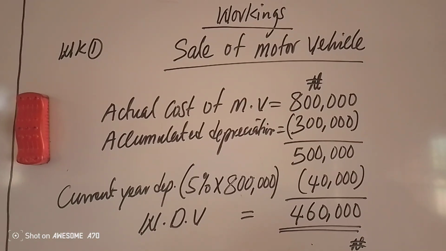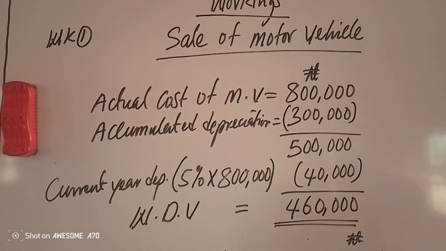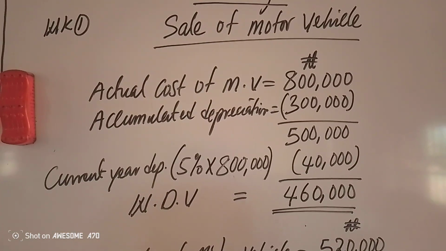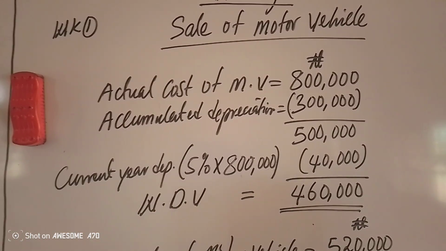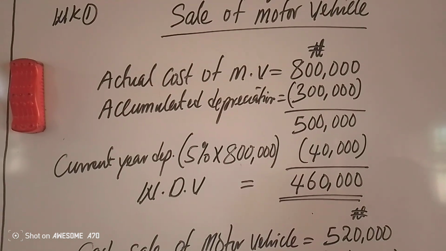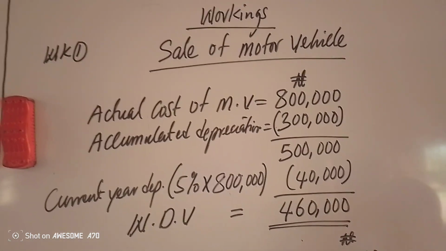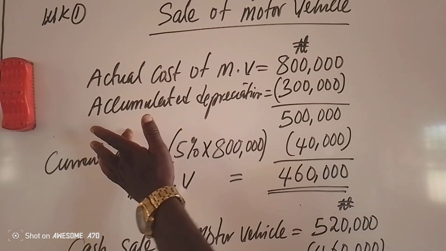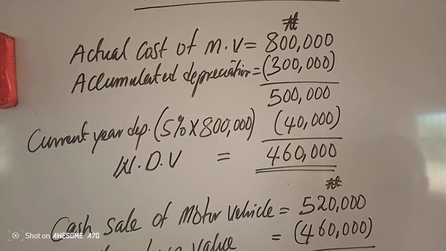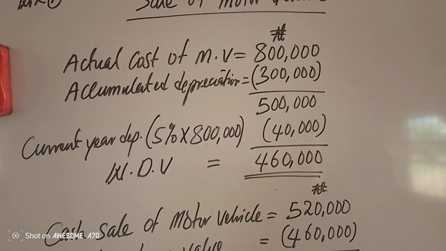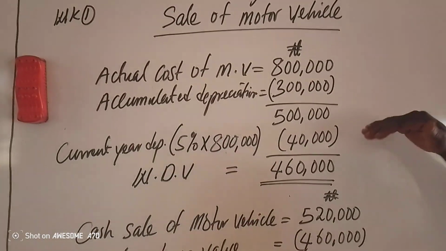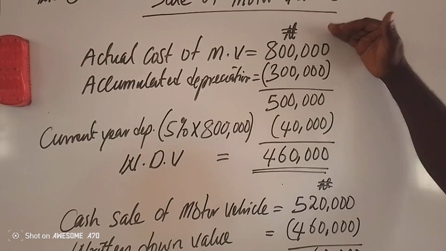It's clear that the motor vehicle has been depreciating over time, so you get the accumulated depreciation to deduct so that you get what is called the written down value of the motor vehicle. Over the years, the motor vehicle has depreciated by 300,000. So if you deduct 300,000 from 800,000, you get 500,000.